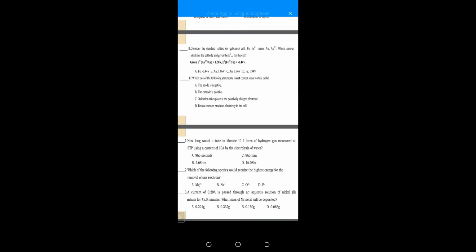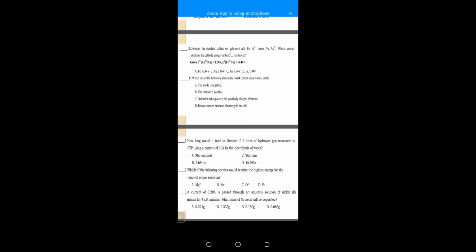In an electrolytic cell, oxidation is at the anode and reduction is at the cathode. Here too, oxidation is at the anode and reduction at the cathode. It is the same, but sign wise it is different. The anode is positive in electrolytic, whereas in voltaic it is negative. The cathode in electrolytic is negative, but in galvanic it is positive.